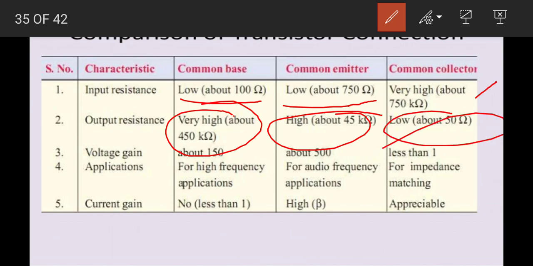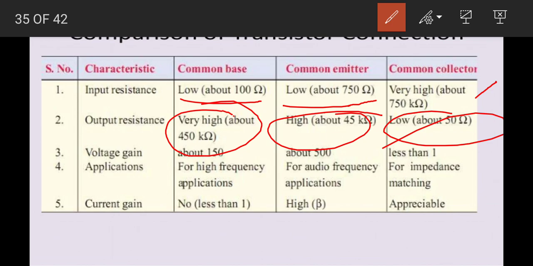This is universal. For common base the output resistance is very high, in the range of K, and common emitter is high, about 45 kilo ohm. In common collector the output resistance is very low, about 50 ohm.